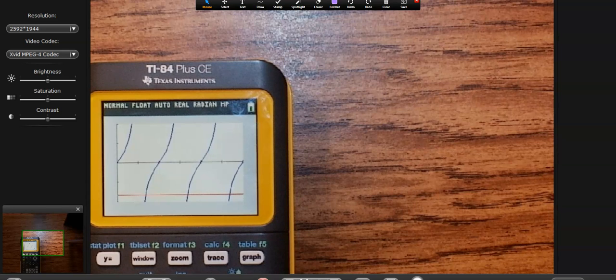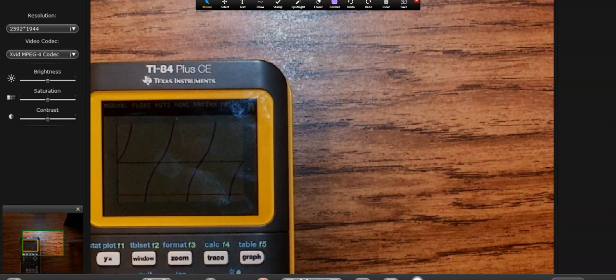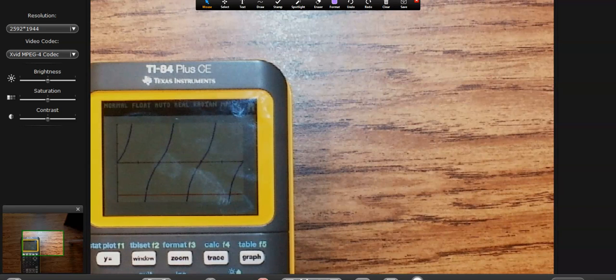When you do the guess, you got to give it something over here. 11 pi over 6 would work, yes. 7 pi over 4, 5 pi over 3, any of those. Could you also use your cursor and get it close to the one you're looking for and hit the enter button? Yeah.